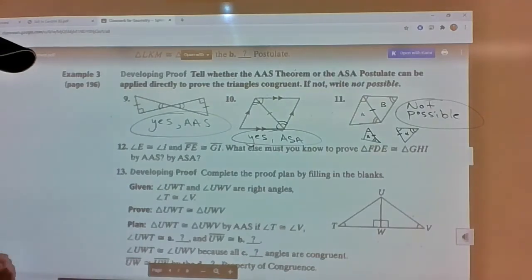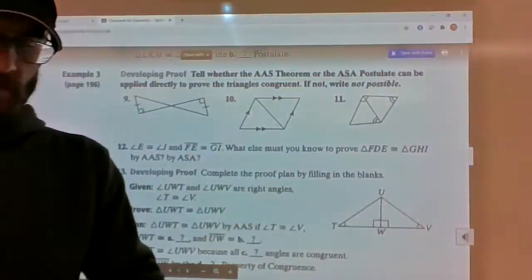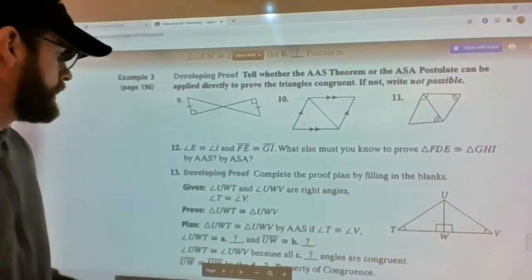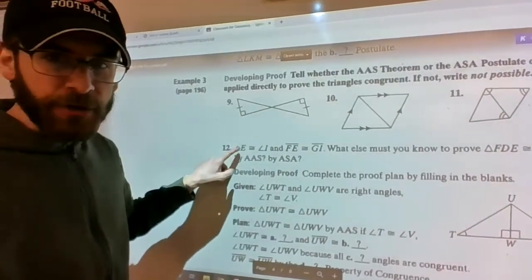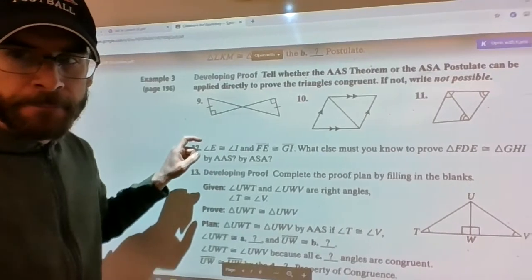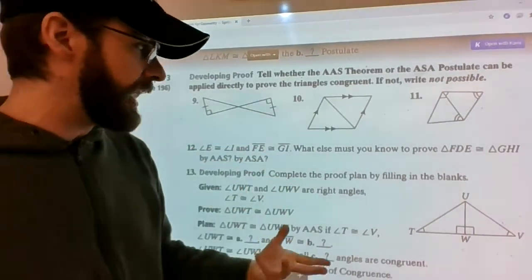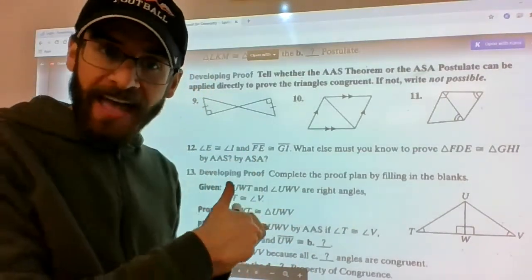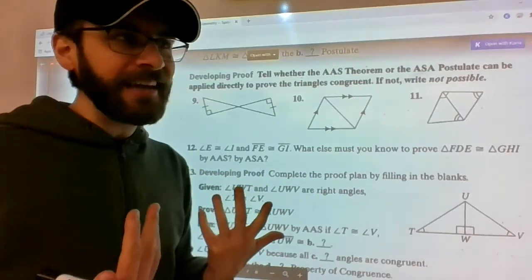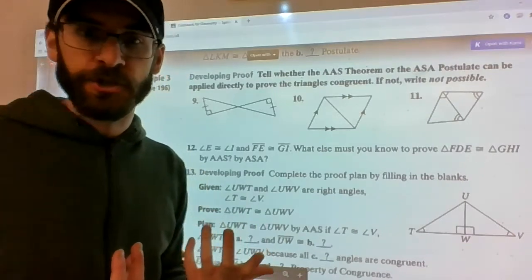All right, then our last one, number 12. They're stating, let angle E be congruent to angle I. Let side FE be congruent to side GI. Now, what I'm going to do is draw these two triangles first with that information in there. And I think anytime you guys get confused, you should be drawing pictures to help yourself visualize these situations.